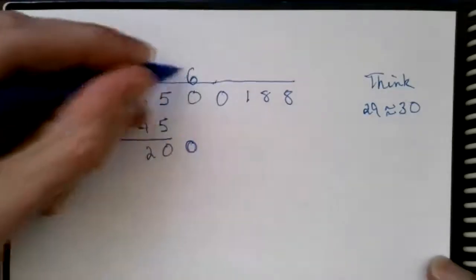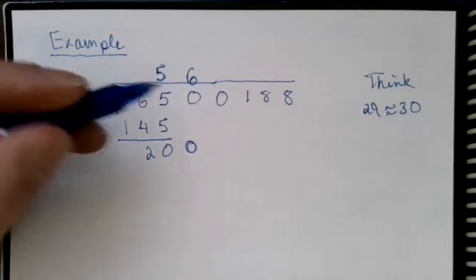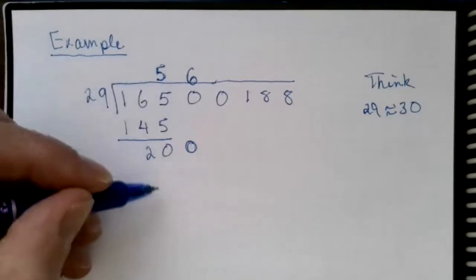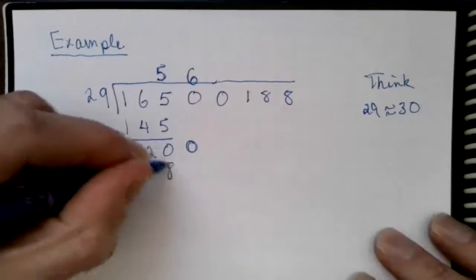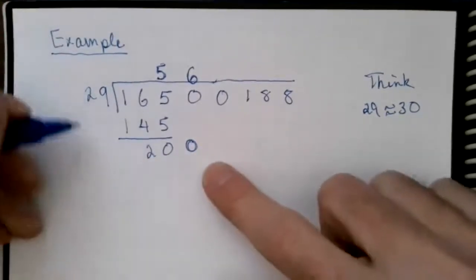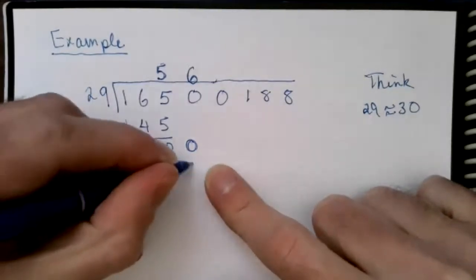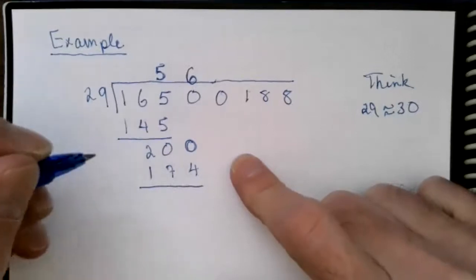Now we're going to use the same technique, because we can't put a 180 down here. That's not true. That's what we were using to get started. That's not the actual answer, but the 180 can help us. I should have 174 here.